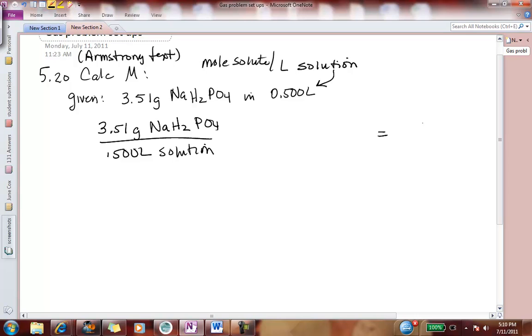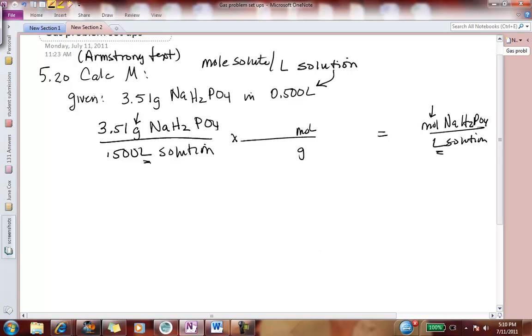We actually over here want moles of sodium dihydrogen phosphate per liter of solution. If we look at the units, the liters are okay, but we've got grams here and we have moles here. And we can convert from grams to moles, but we're not quite ready yet.